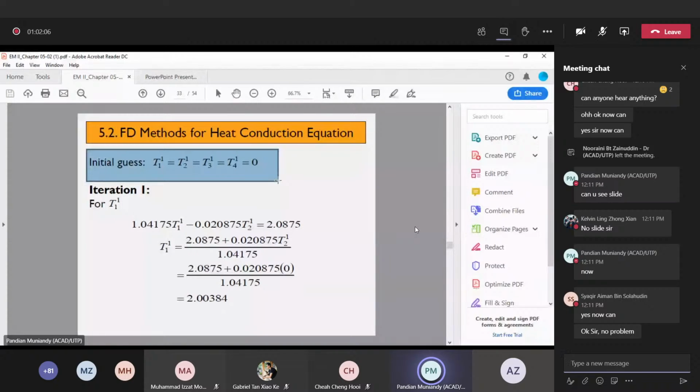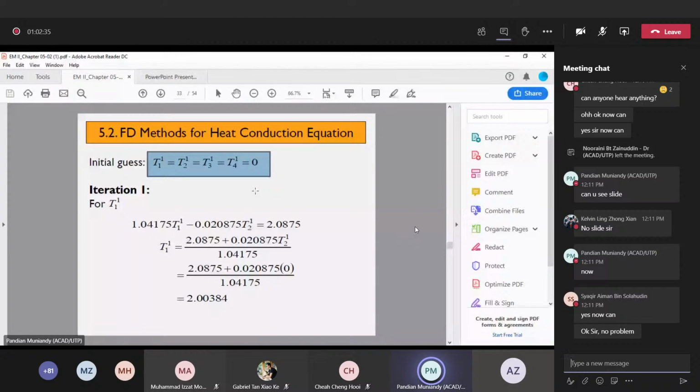For this case, you don't use any other method to solve the system, you use Gauss-Seidel. But Gauss-Seidel has its own way. What is the way? You must start with the initial guess. This is new now. Who will give you this? No one will give you. You have to do it on your own.